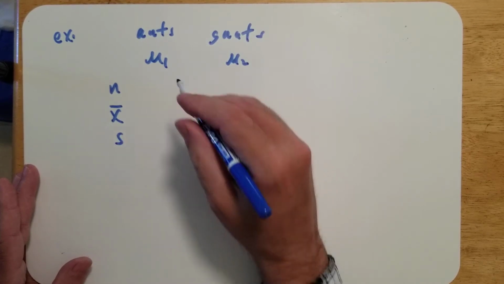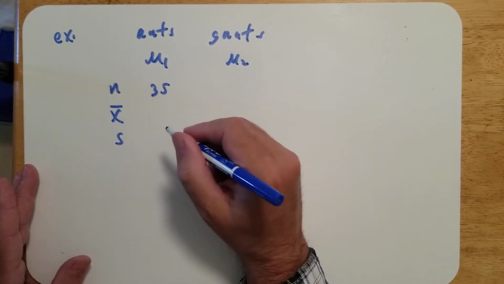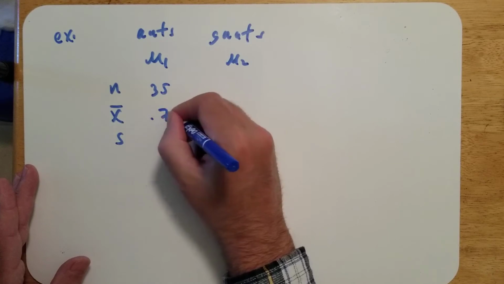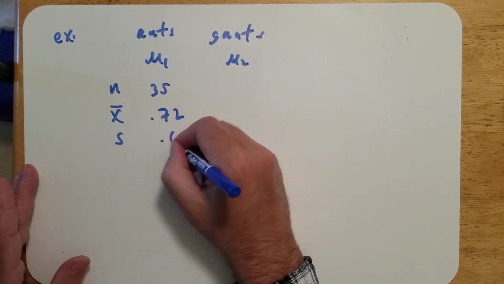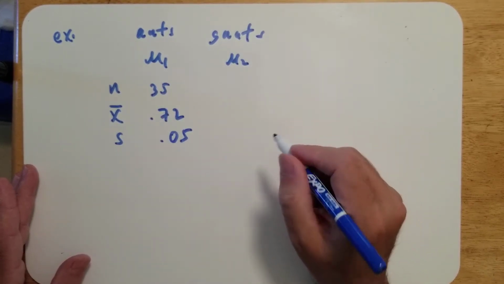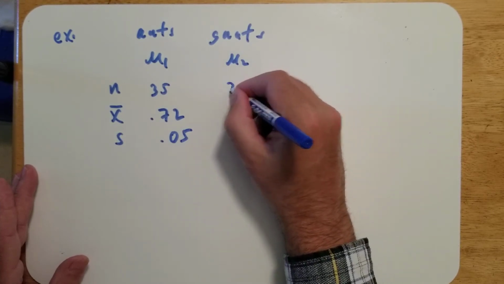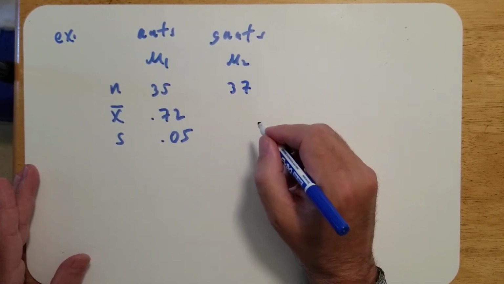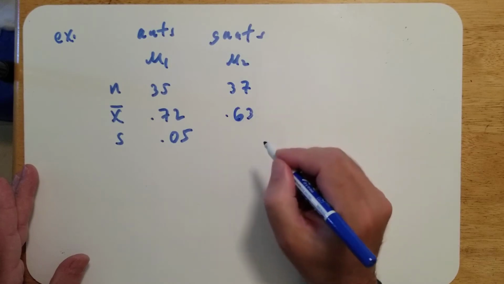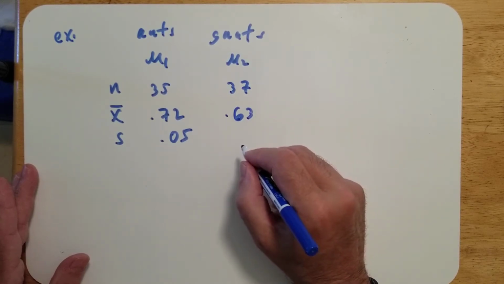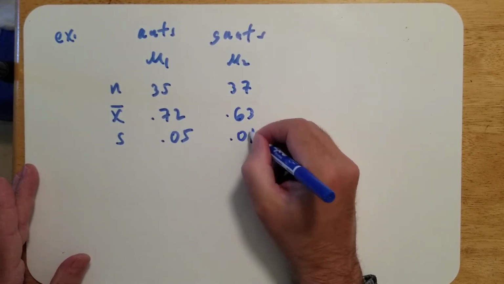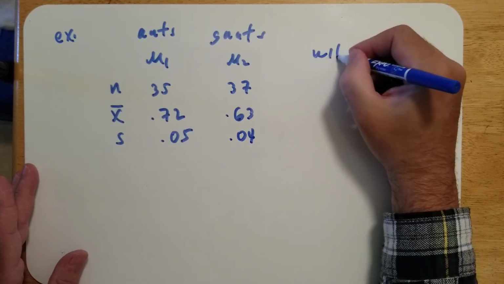For the ants, there were 35 ants with a mean weight of 0.72 with a standard deviation of 0.05. There are 37 gnats with a mean weight of 0.63 with a standard deviation of 0.04. Now here's the question.